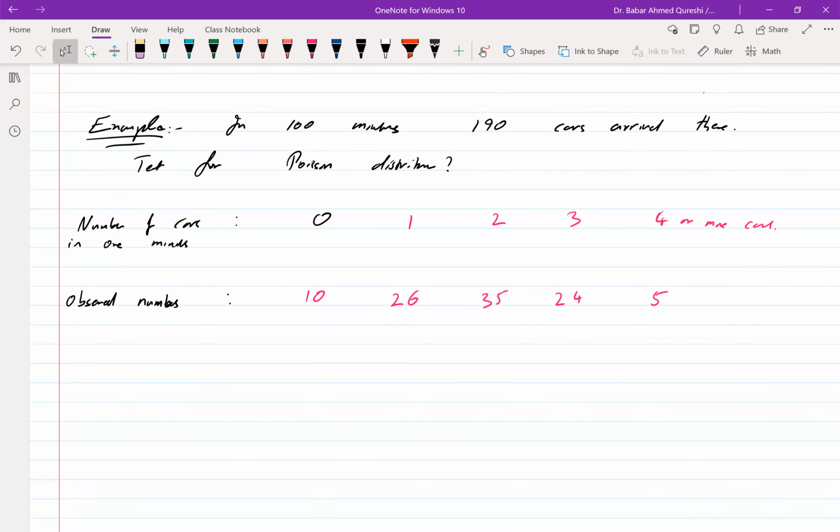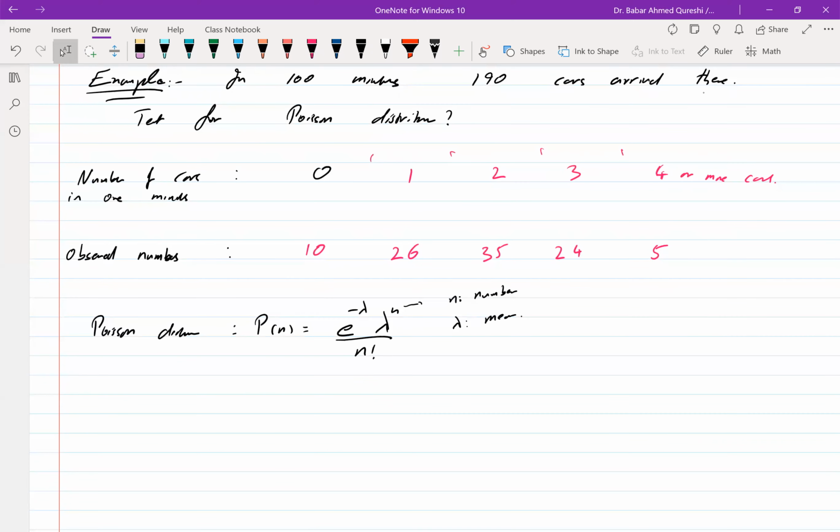To check that, for each category, I should see what Poisson tells me. So the Poisson distribution is given by this, where n is this number and lambda is the mean.